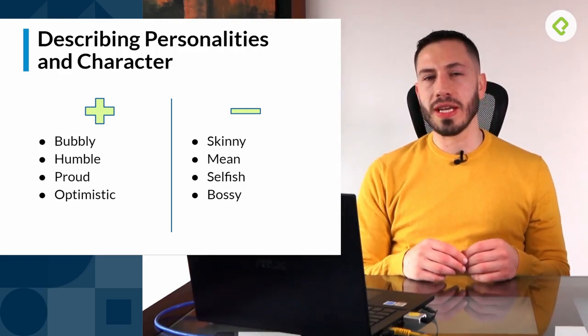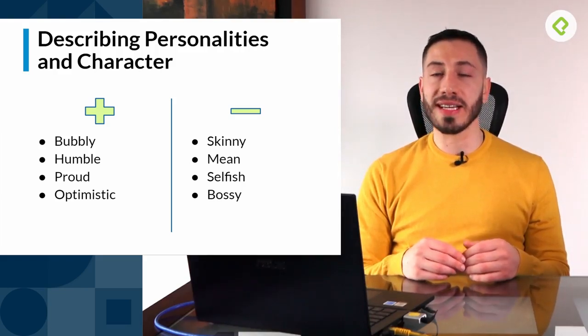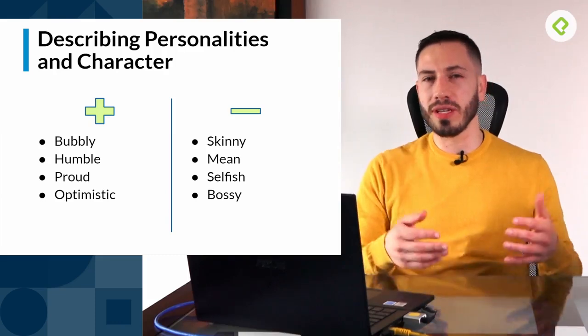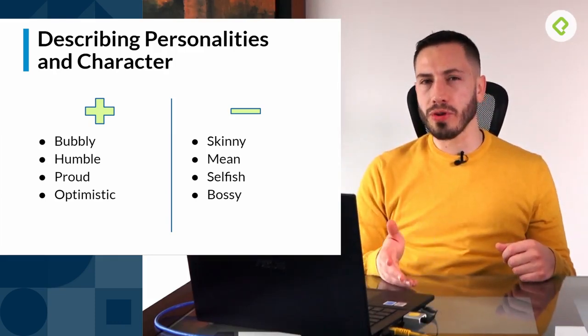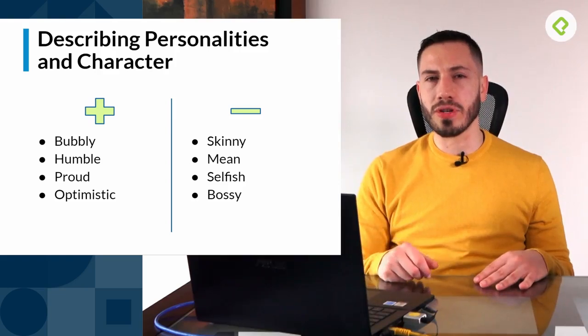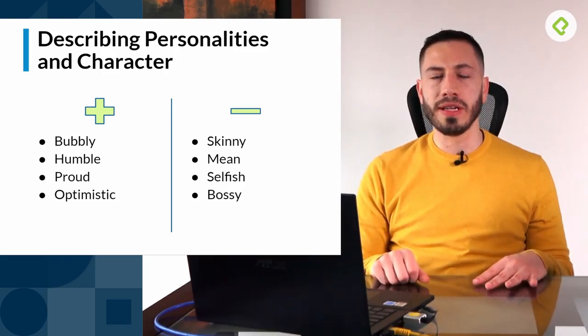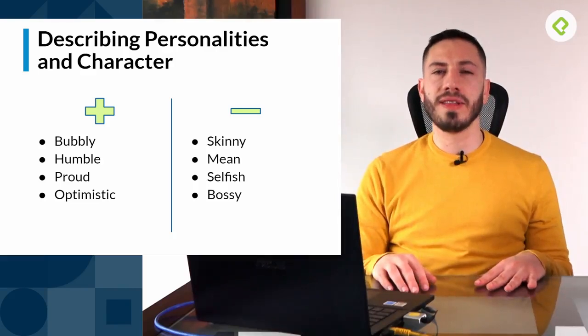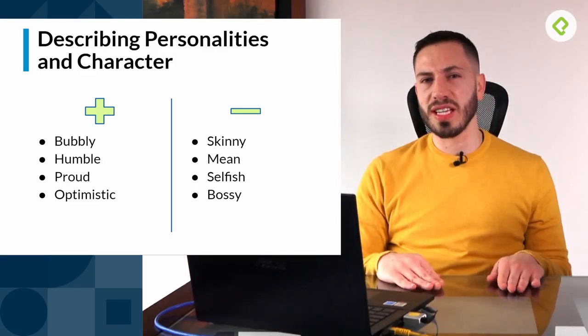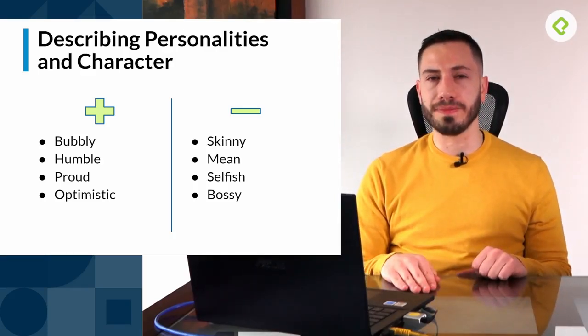Selfish, which is the way to describe a person that doesn't like to share, is someone that wants everything for themselves. Or bossy, which is this type of person that we all know about, that is all the time giving you orders and instructions as if they were your boss. Of course, it's not a good thing to say about someone.